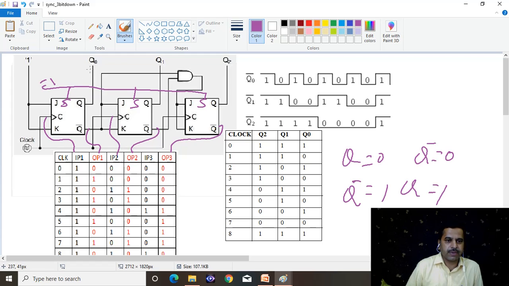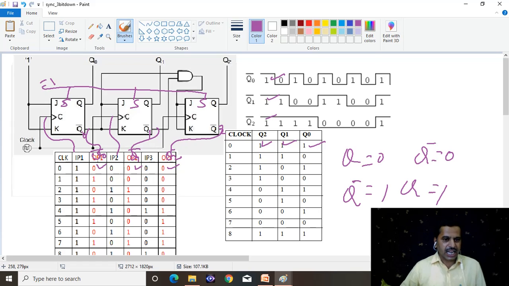So all the flip-flops are set to 1, that is, Q0, Q1, Q2 become 1. When Q0, Q1, Q2 become 1, automatically Q0 bar, Q1 bar and Q2 bar become 0. So that is 0, 0, 0.